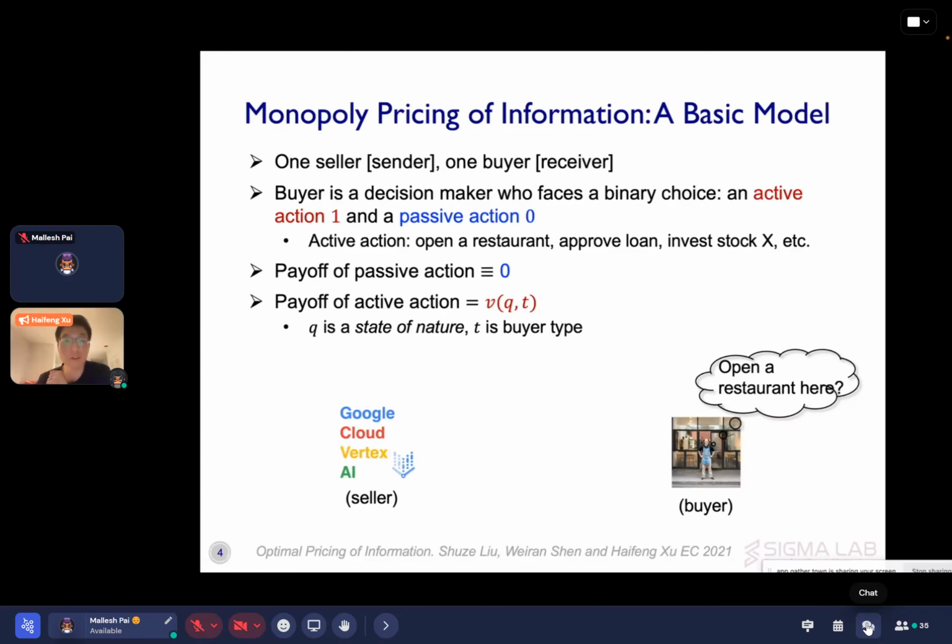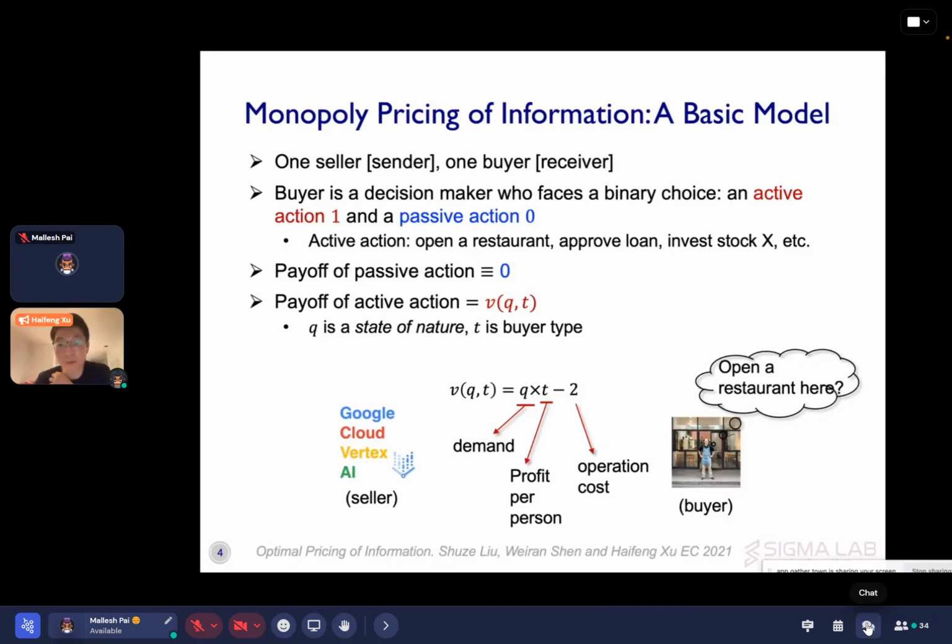But the payoff for the active action is a value function V(Q, T), where Q is a state of nature, just like the state of nature in information design. And this buyer also has a private type T, which is private information the buyer holds. In this restaurant example, you could think of V in the following simple format. Q may be the demand: if you open a restaurant here, what demand will you get?